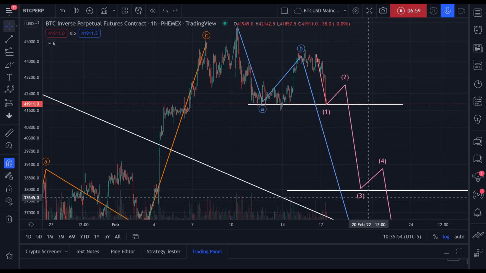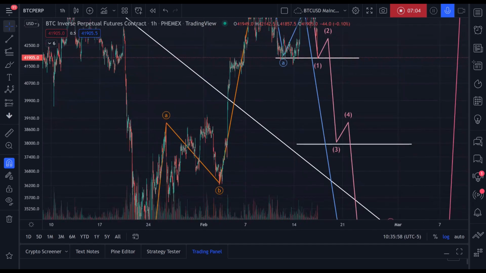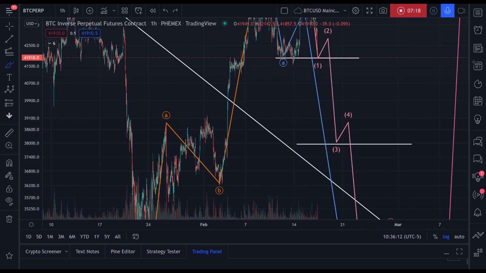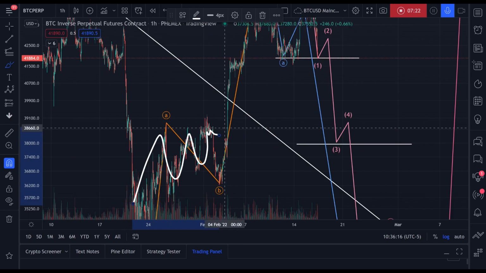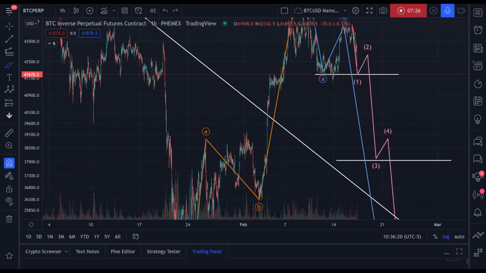Now, once we get our third wave, where will our third wave stop? I think that, once again, just using simple support and resistance, right? We have this structure here, whatever it is, the top or the neckline of this structure will provide support for price, okay? It was resistance up here before we broke out, and so it's going to be support on the way down.